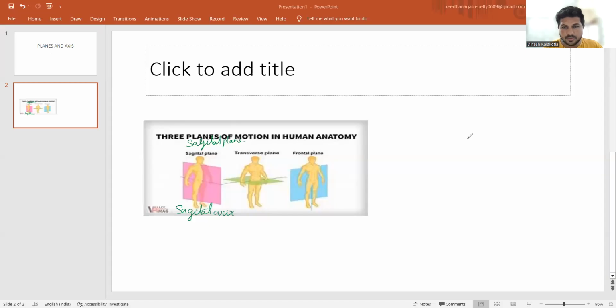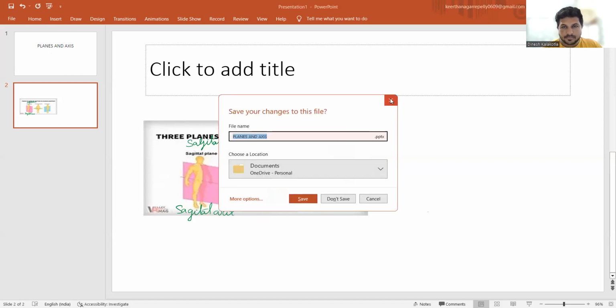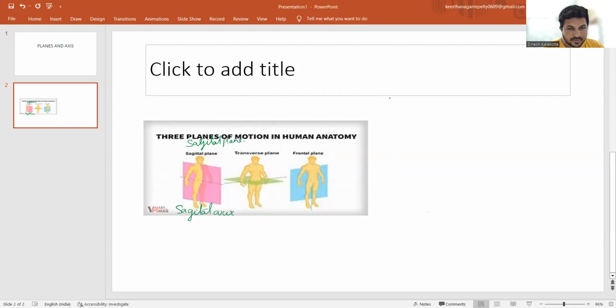I hope now you can see the image, right? So this is the sagittal plane, and this is the sagittal axis, and this is the transverse plane where it divides the body. This is the frontal plane, the transverse and horizontal plane.